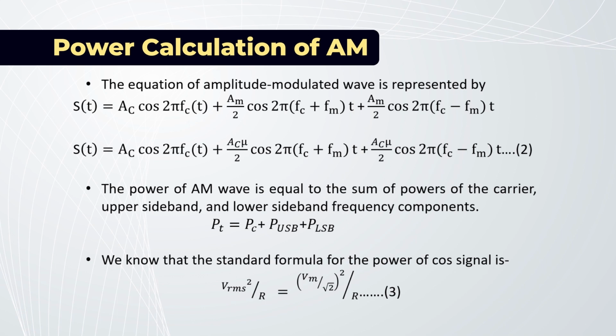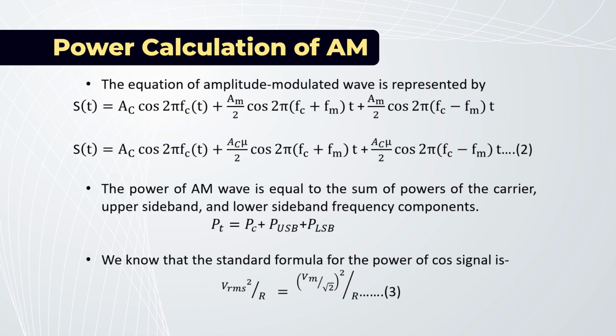In terms of modulation index μ, the above equation is represented as s(t) = Ac cos 2πfct + Ac·(μ/2)·cos 2π(fc+fm)t + Ac·(μ/2)·cos 2π(fc−fm)t. Give it equation number 2.